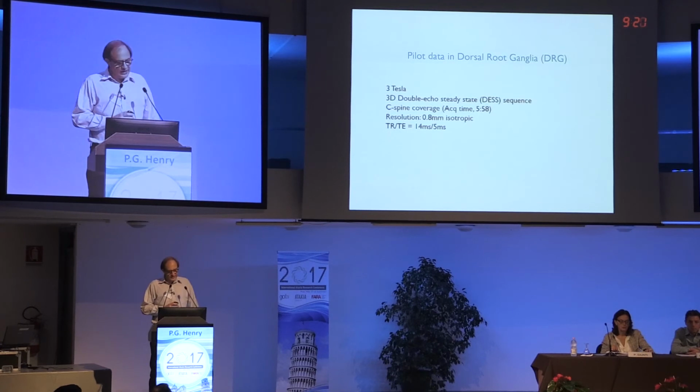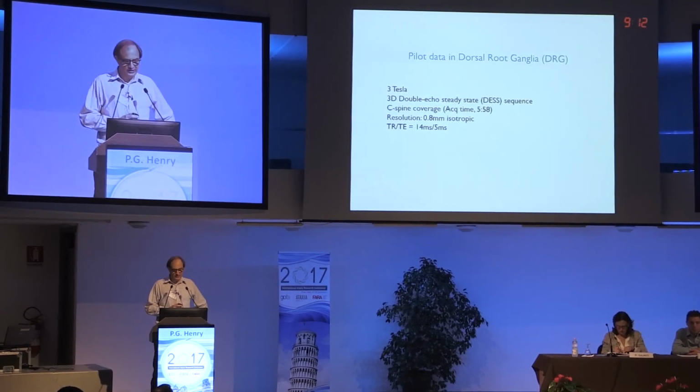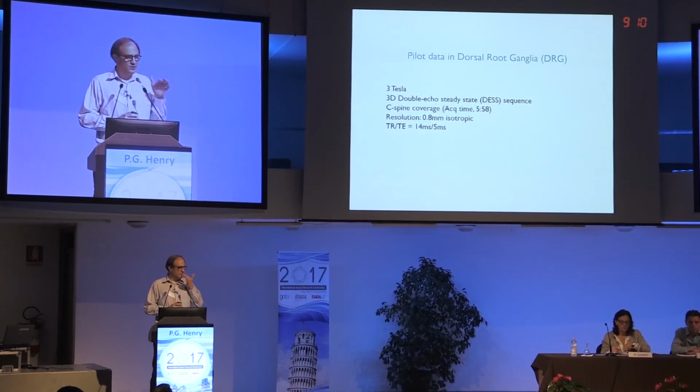And lastly, pilot data in dorsal root ganglia, again at 3 Tesla, and we used a 3D DESS double echo steady state sequence that provides a very good contrast of tissue to CSF. The CSF is almost completely suppressed, so we see the nerve roots very well.